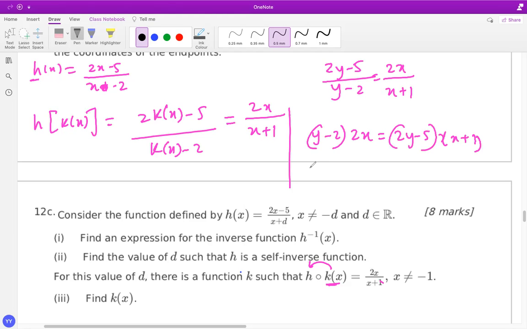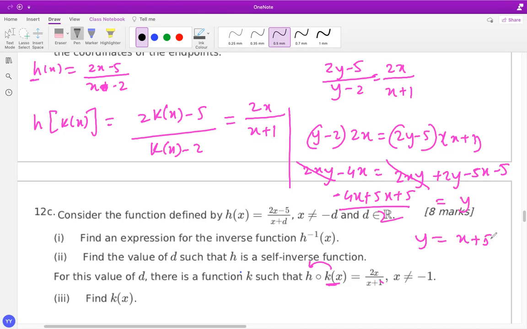Open up the bracket, so it will become 2xy minus 4x equals 2xy plus 2y minus 5x minus 5. So the 2xy terms cancel, and if you bring everything to one side, you'll get negative 4x plus 5x plus 5 upon 2 equals y. So you get y as (x plus 5) upon 2, which is nothing but k of x equals (x plus 5) upon 2.